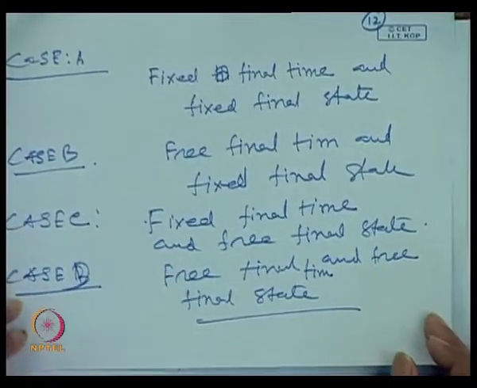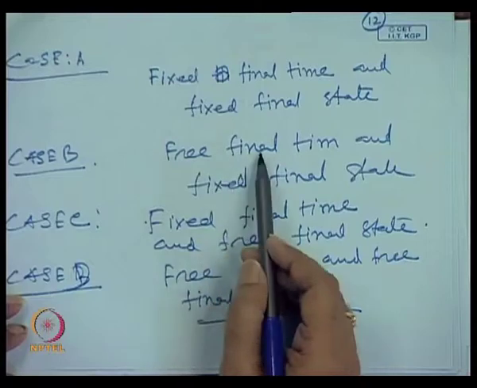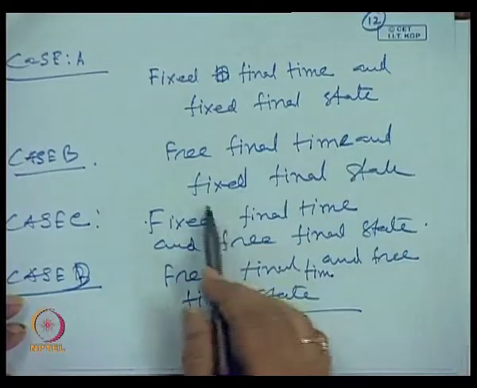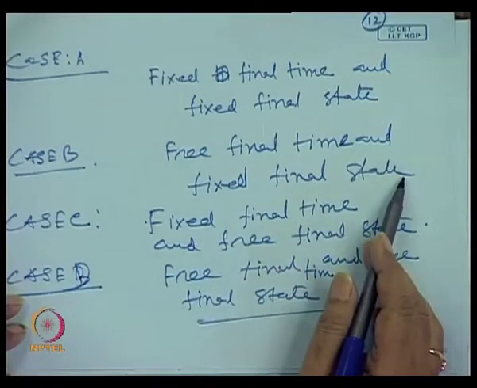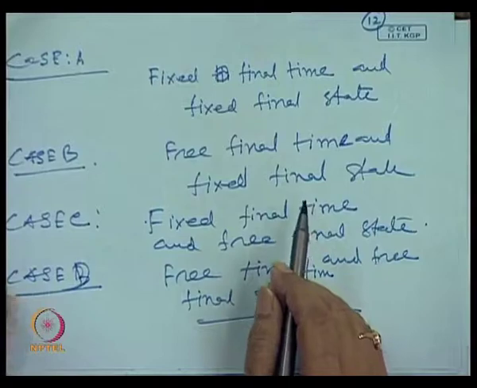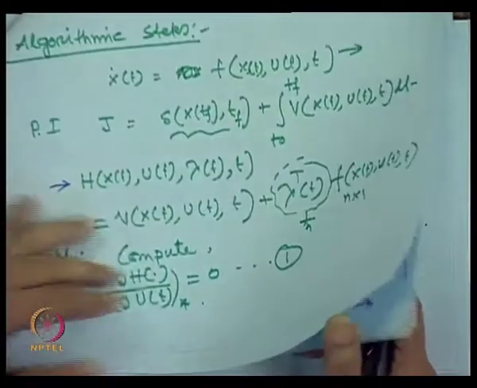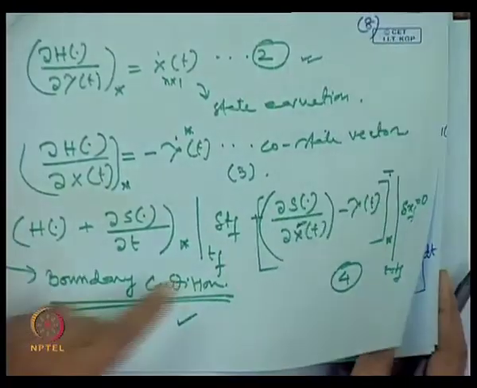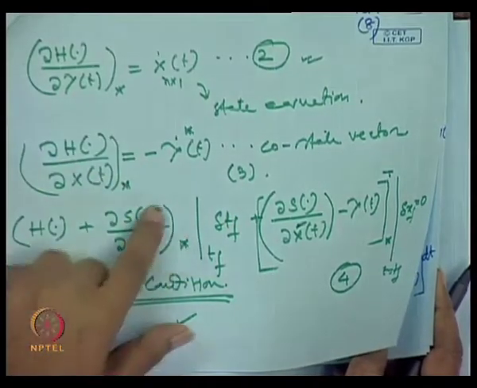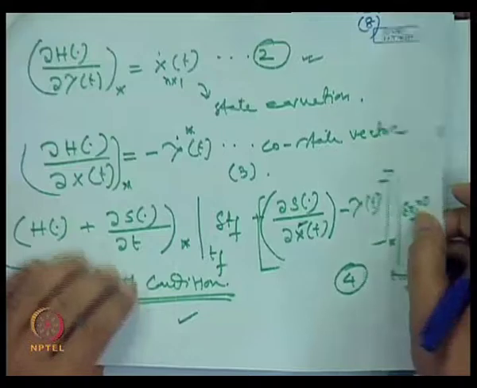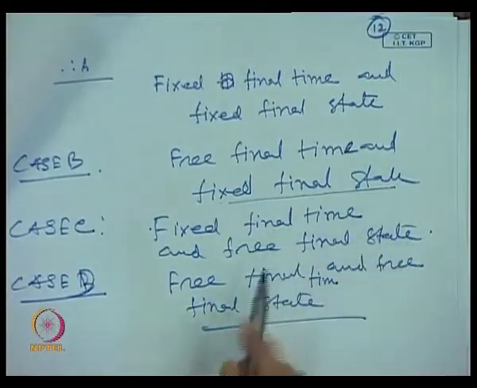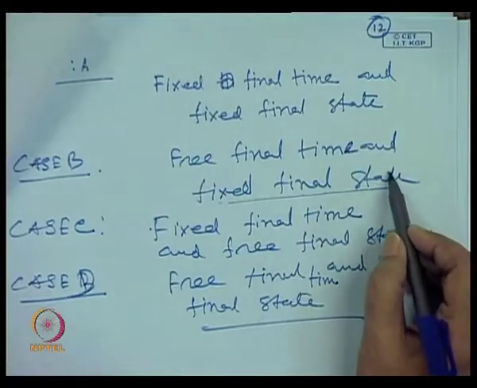Agree? Now the next case is free final time and fixed final state. That means delta t f is free, so this boundary condition has to be equal to 0, but delta x f is fixed. Agree?